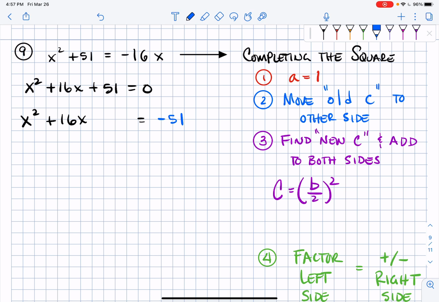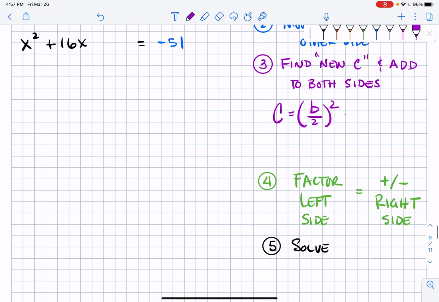So the blue is to show that I moved the c over. The purple is to find the new c. And the purple, the new c, is equal to 16 divided by 2 squared, which is equal to 8 squared, which is equal to 64.